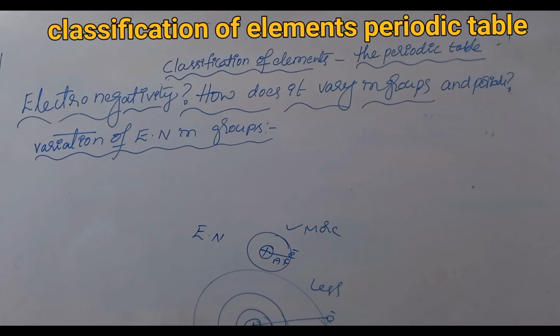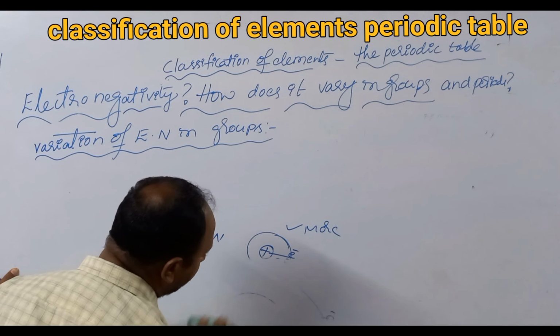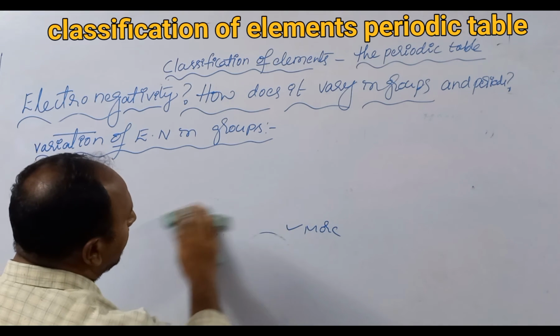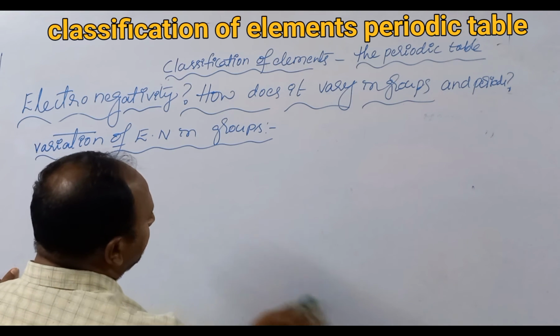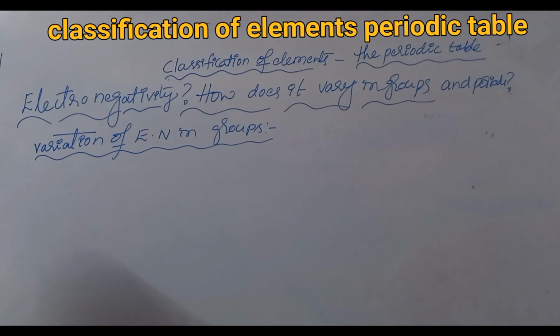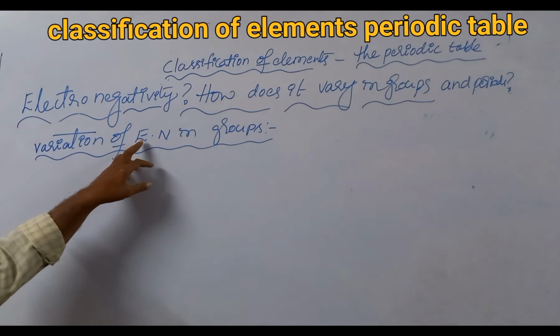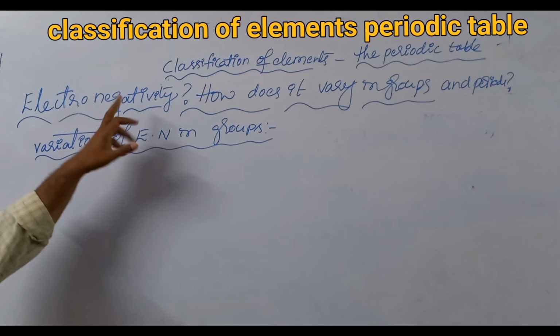When the atomic size is smaller, the nucleus can attract the electron from the outermost shell with a great force. That is why when the atomic size increases, the attraction of the nucleus over the electron decreases, and when the atomic size decreases, it increases. So the attraction of the nucleus over the electron is nothing but electronegativity.